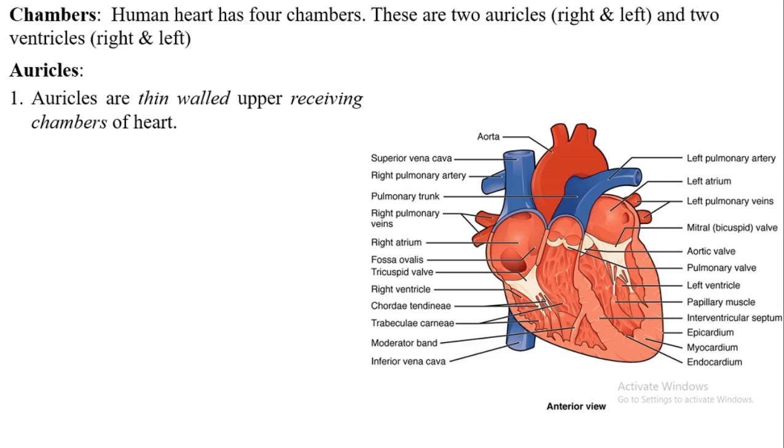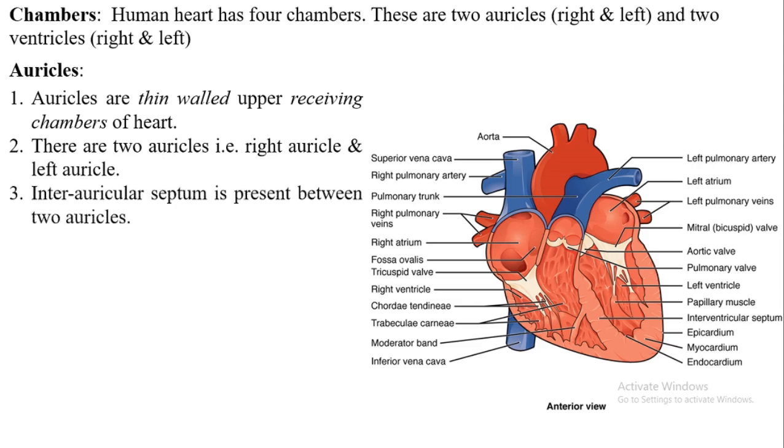So hence they are called receiving chambers of the heart. There are two auricles, namely right auricle and left auricle. Both the auricles are separated by inter-auricular septum. So in between these two auricles there is an inter-auricular septum.